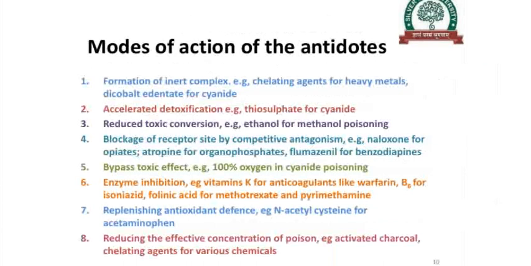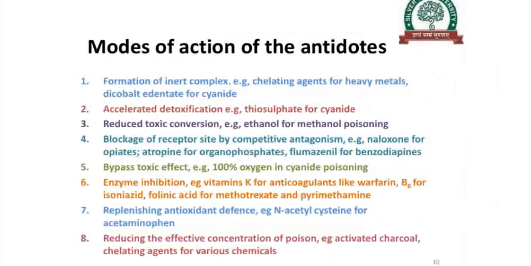Another mode of action of antidotes is the blockage of receptor site by competitive antagonism. What is competitive antagonism? There is one receptor site and two chemical entities competing for the same receptor site. If the poison acts by binding with the receptor site, the antidote will bind first and will not allow the poison to bind with the receptor site.